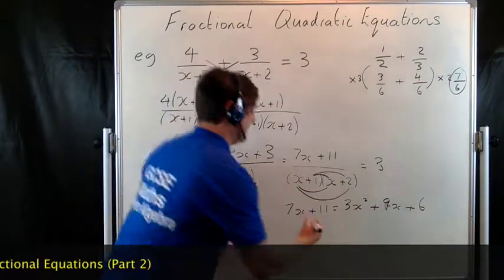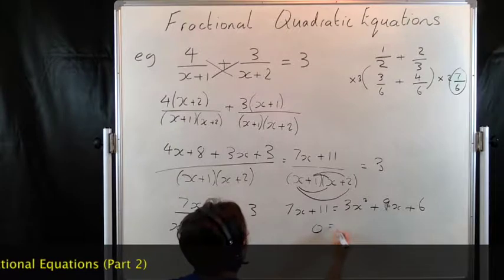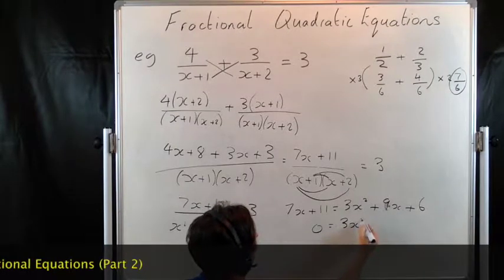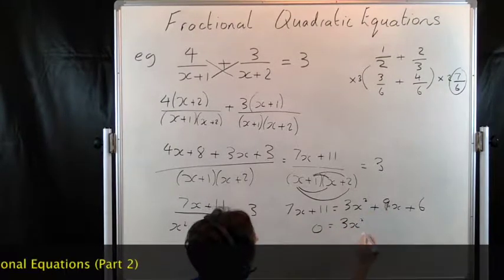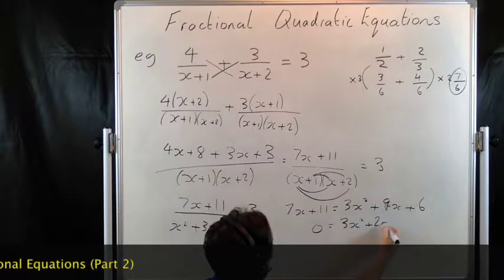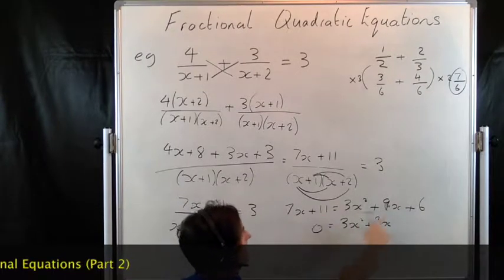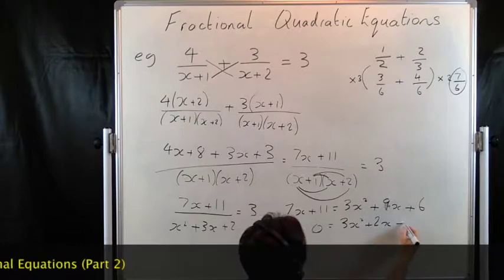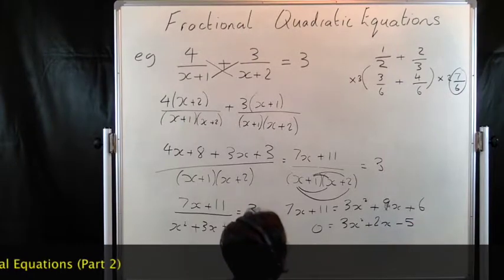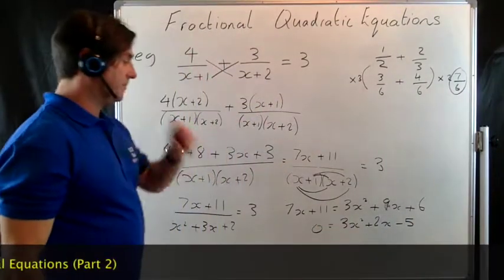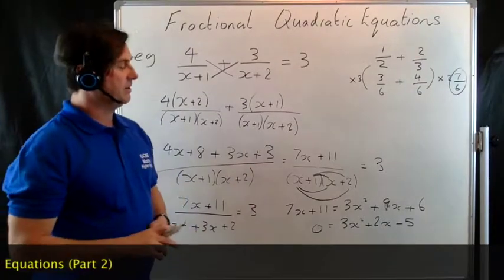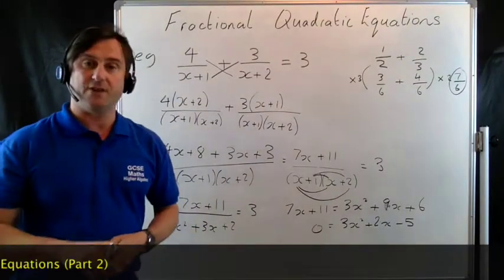If I do that, I end up with 0 equals 3x squared. 9x take away 7x leaves me with plus 2x. And then 6 take away 11 leaves me with minus 5. So I've now got 0 equals 3x squared plus 2x minus 5.